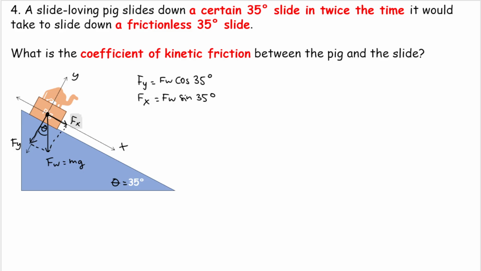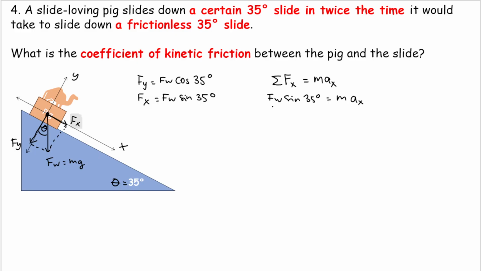So I can do analysis using Newton's second law. Sigma Fx, the net force in the x direction, is equal to the mass times acceleration in the x direction. The only working force is Fw sine 35 degrees, and that equals the mass times the acceleration in the x direction.